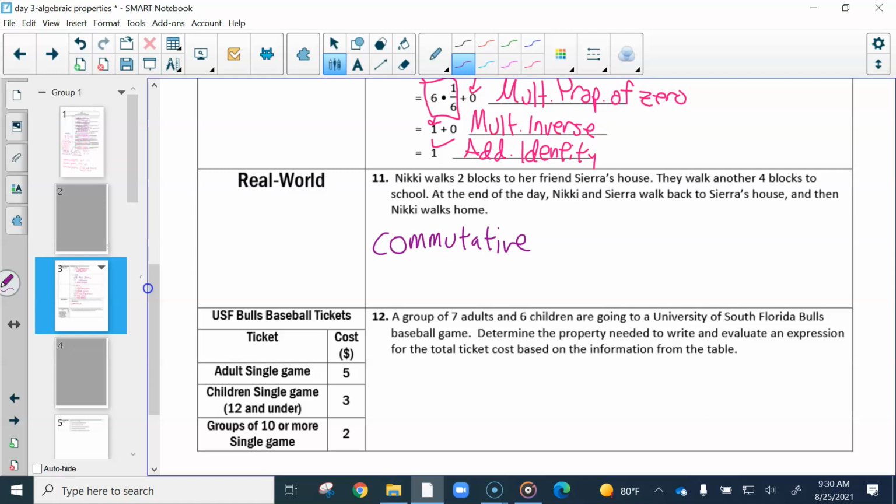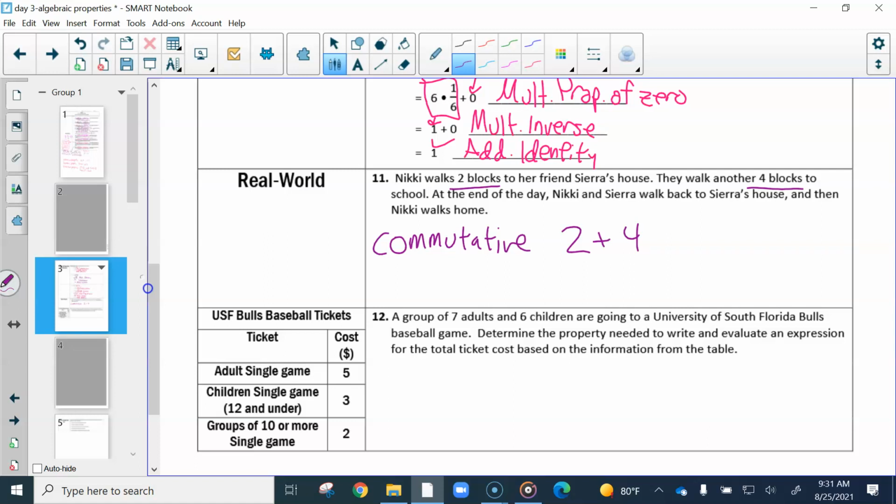Now that we know it's commutative, let's try to figure out a way we could write this. She walks 2 blocks to her friend's house, and then they walk 4 blocks to school. So the total walk to school, would we be adding those, subtracting them, multiplying them, dividing them? Adding them.